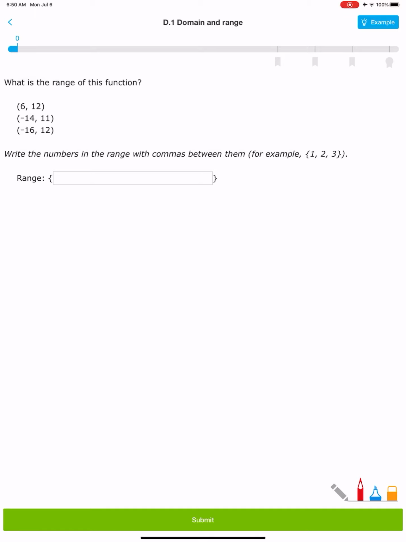Now, remember guys, range equals y. Therefore, our domain equals x, okay?